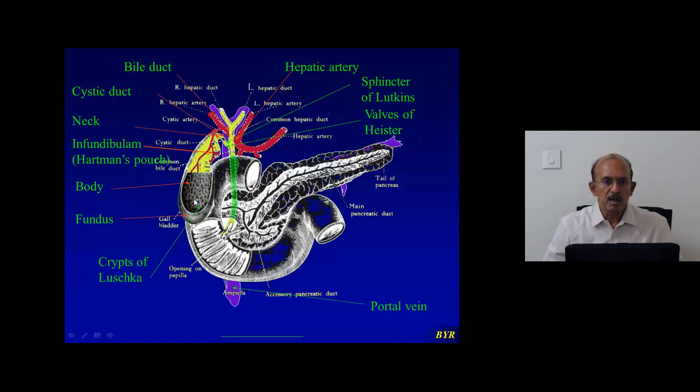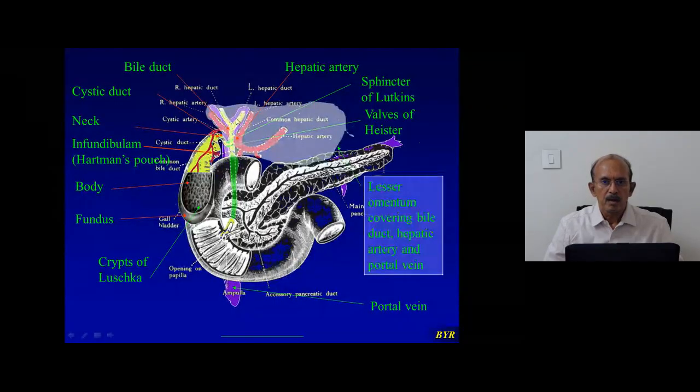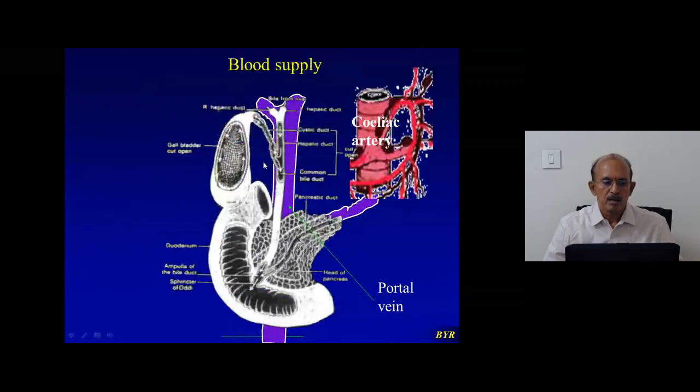These crypts of Luschka are the originating places for the calculi, because some amount of bile will stagnate here, and from that stagnated bile, the calculi can develop there. And this is the lesser omentum. This is the free border of the lesser omentum.